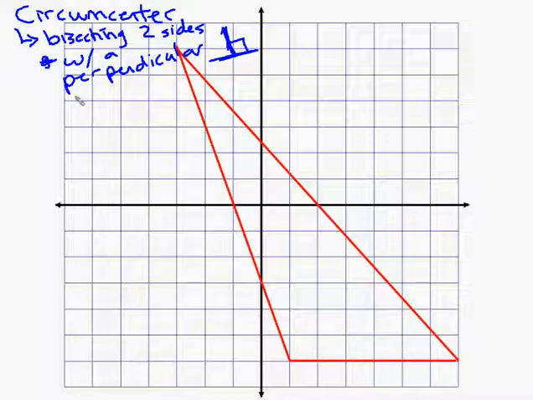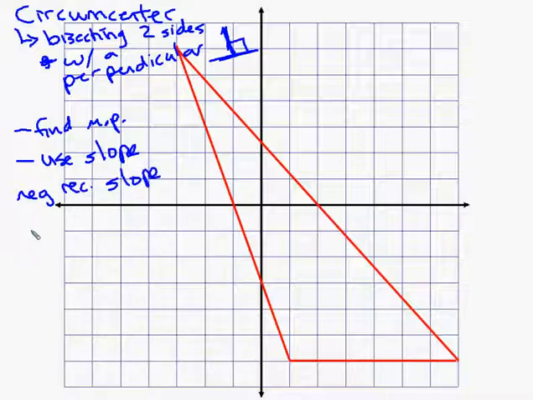So what we're going to do is choose two sides, one at a time. We choose a side and find the midpoint. And then we use the slope of the line to figure out what the perpendicular is. Remember, perpendicular lines have negative reciprocal slopes.